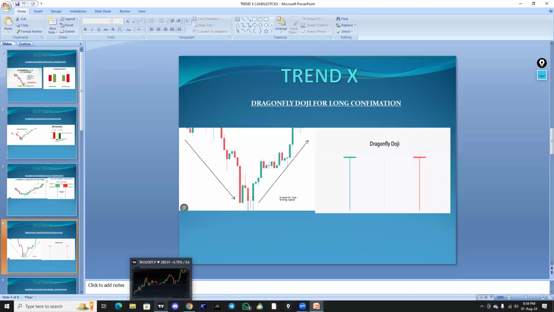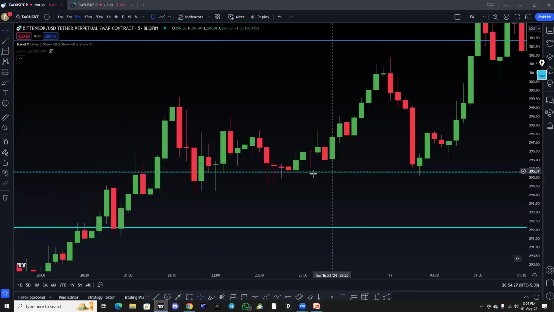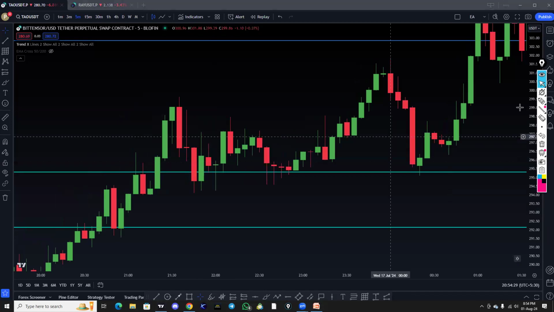Now I'll go and show you a dragonfly doji. So I was talking about this. You can look here at how a dragonfly doji looks. So it should be near a support, trend X, support 1.